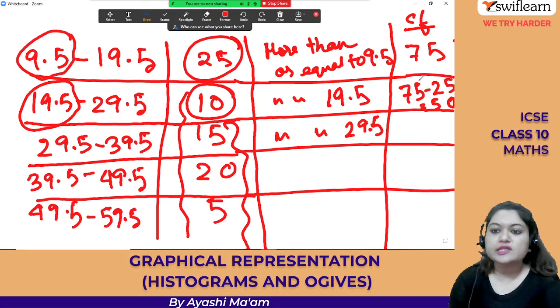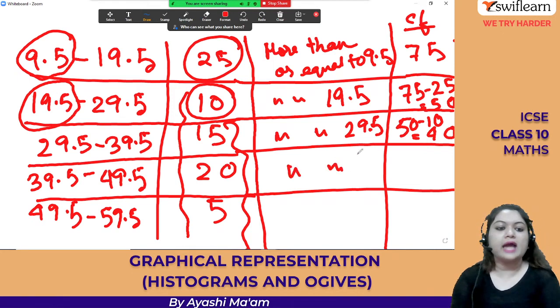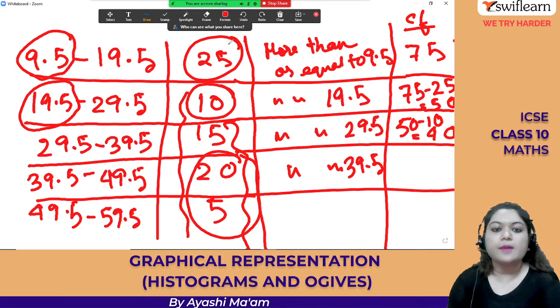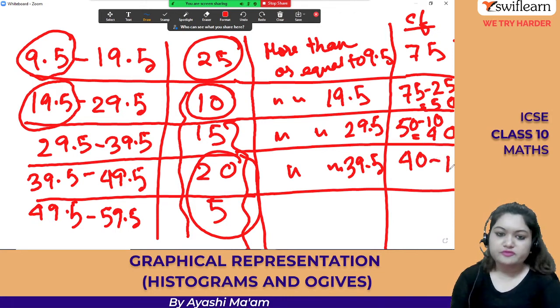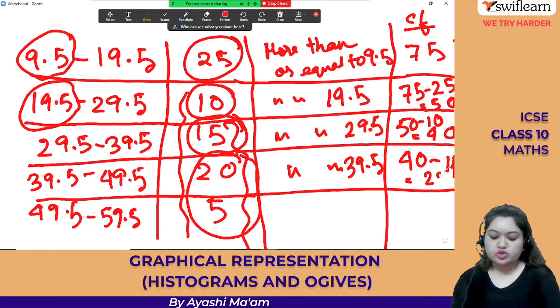Up to this we have got 50, so 50 minus 10 is 40. More than or equal to 39.5, that means we are talking about these two only, so we have to subtract 15. 40 minus 15 is going to give you 25.